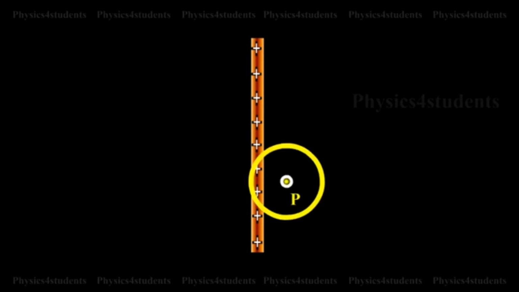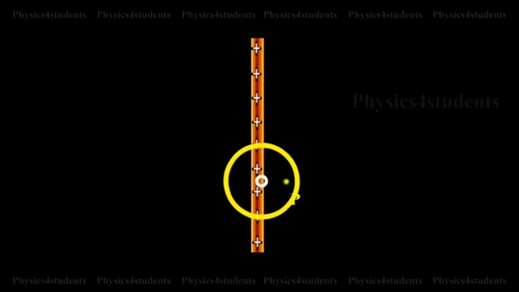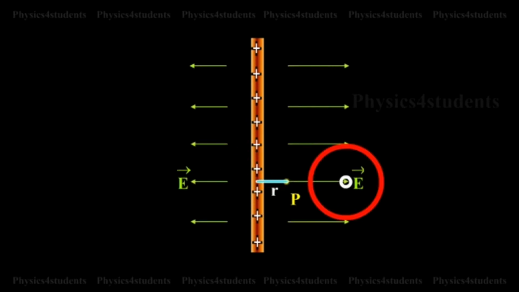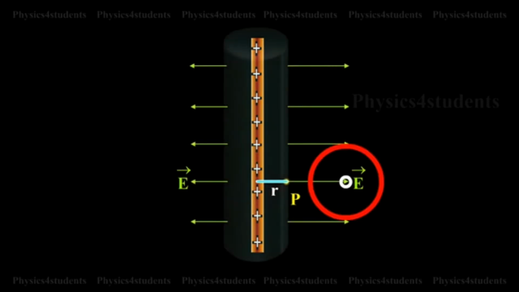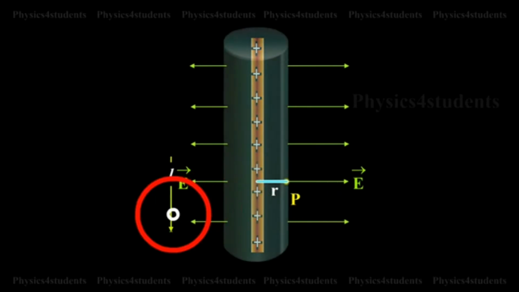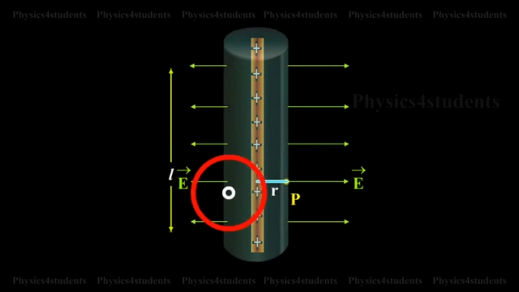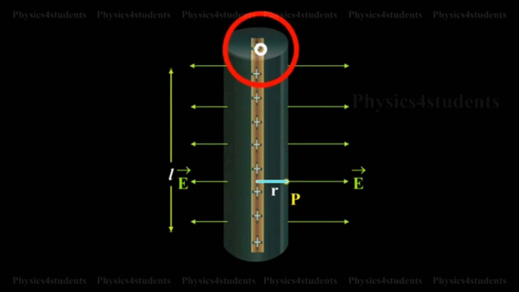Let P be a point at a distance r from the wire and E be the electric field at the point P. A cylinder of length L, radius r, closed at each end by plane caps normal to the axis, is chosen as Gaussian surface.